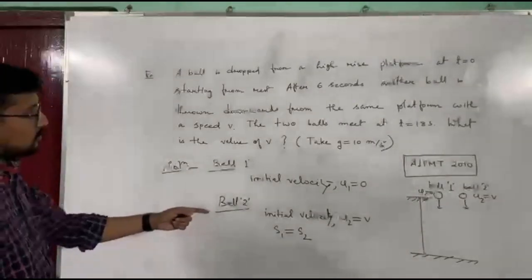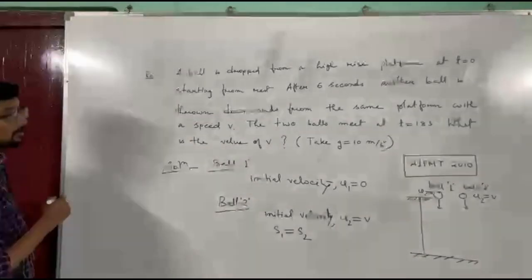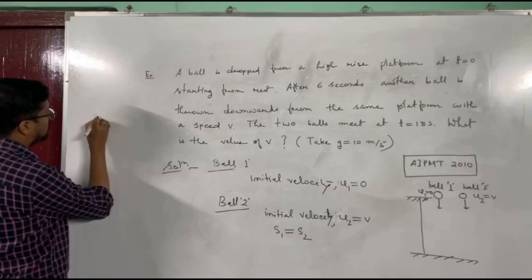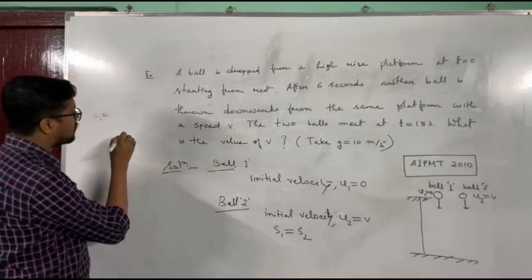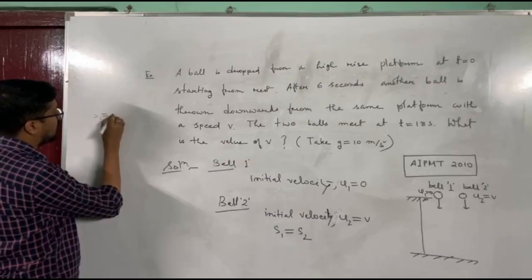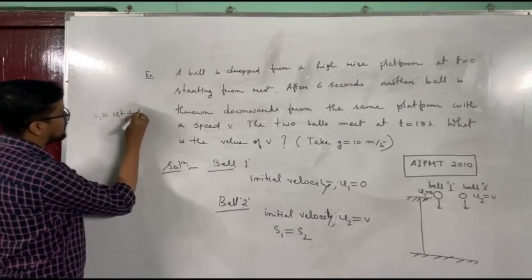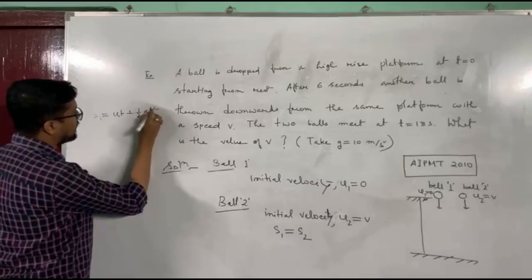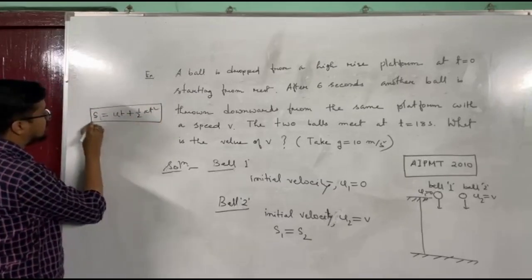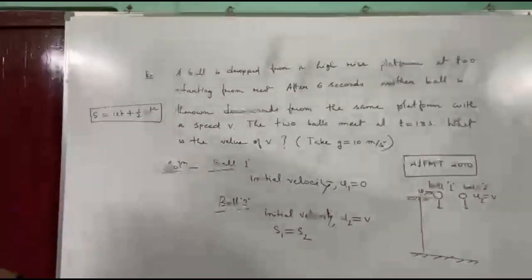So what we know from the equations of constant acceleration motion is S equal to ut plus half at square. This equation we know, and we are going to use it to solve this problem.